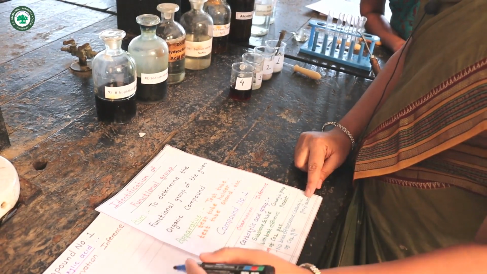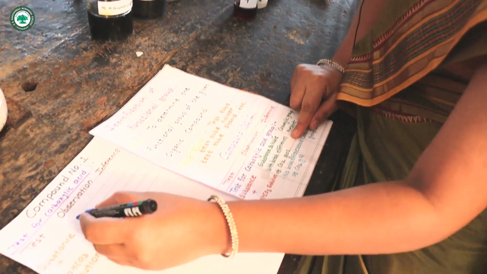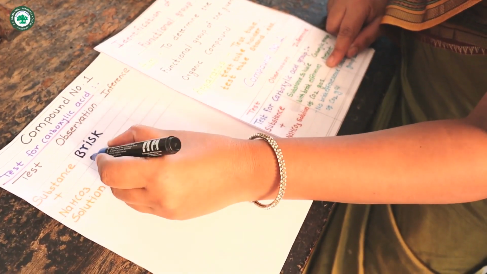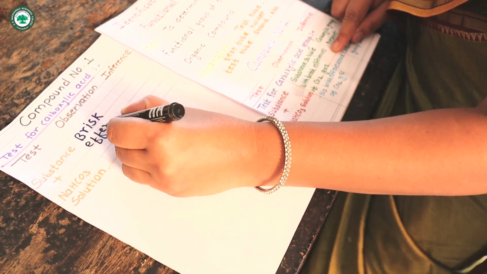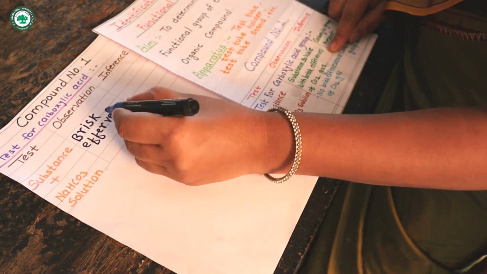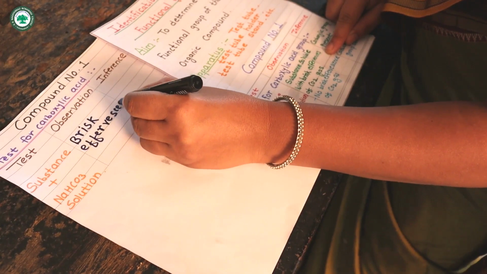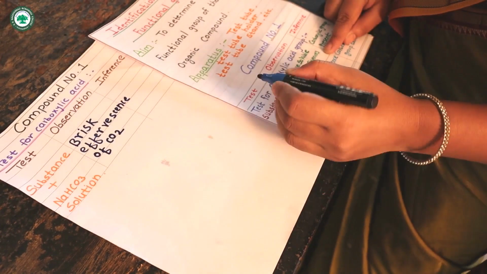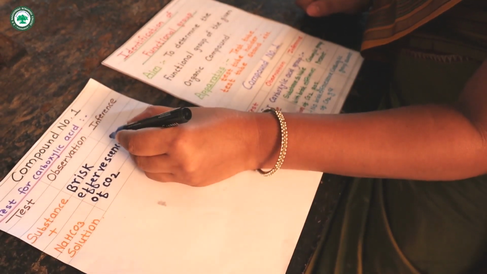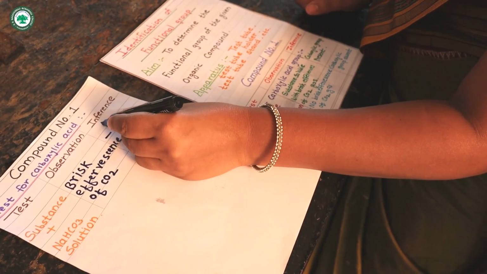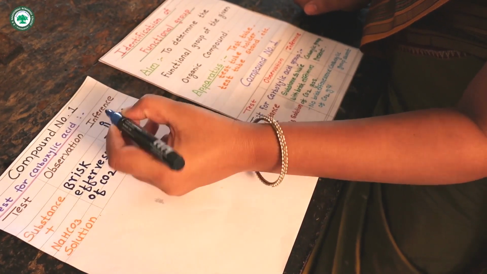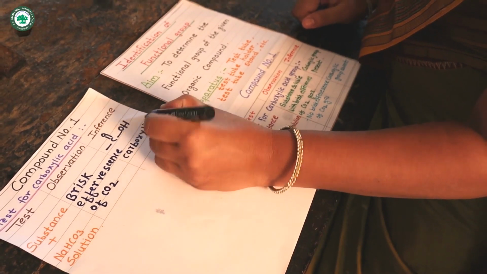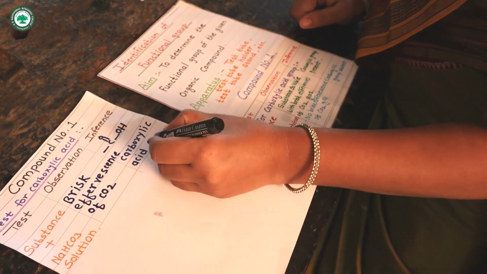Substance plus sodium bicarbonate solution, brisk effervescence of CO2. Therefore, carboxylic group is present. What is the functional group? Carboxylic acid present.